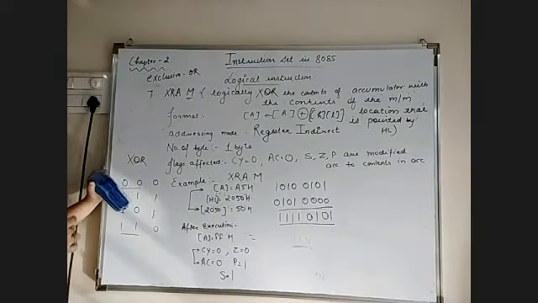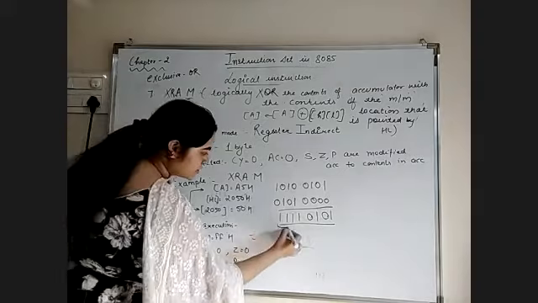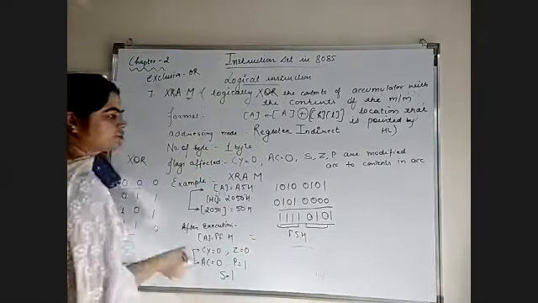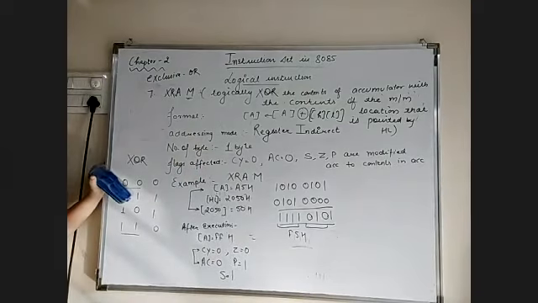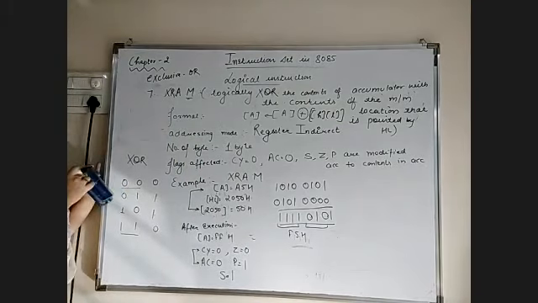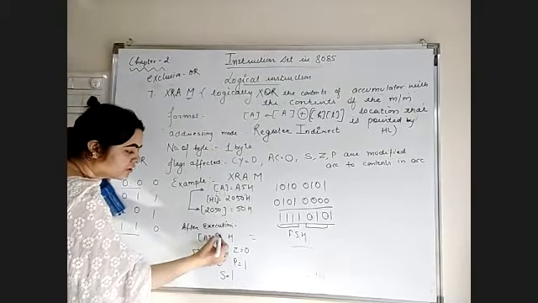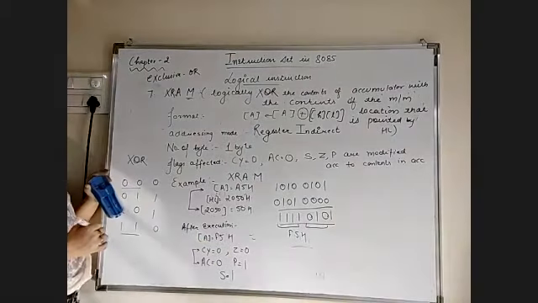So according to this, what will be the value? This is F and this is 5. So after executing the logical XOR operation, the output is F5H. This value is updated in the accumulator after the execution.